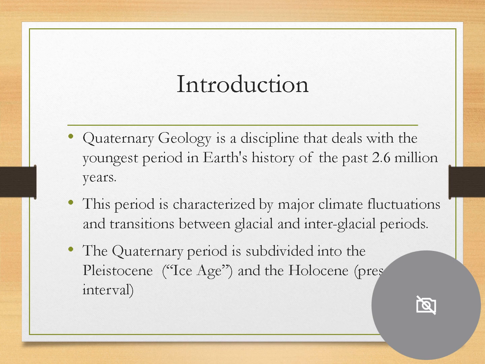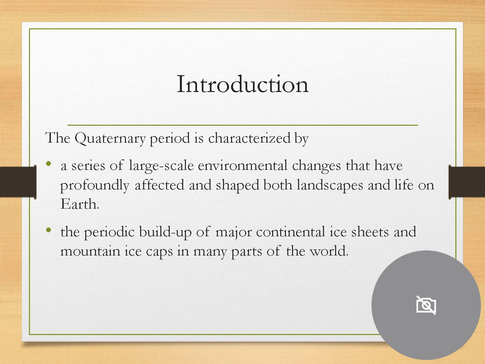This period is characterized by major climate fluctuation and transition between glacial and interglacial periods. The Quaternary period is subdivided into the Pleistocene, which is the Ice Age, and the Holocene, which is the pleasant warm interval. So the Quaternary period is characterized by a set of large-scale environmental changes. Those environmental changes shaped both landscapes and life on the Earth.